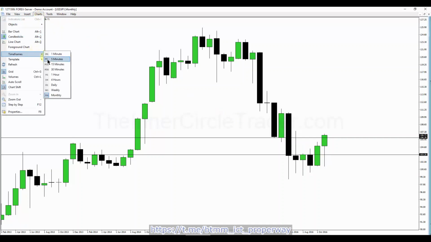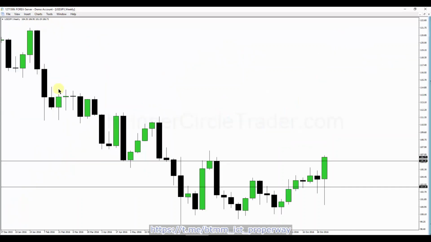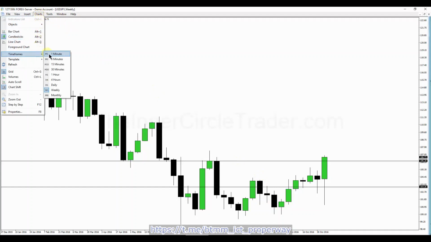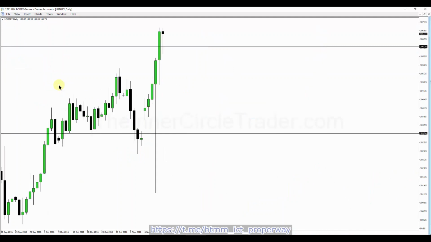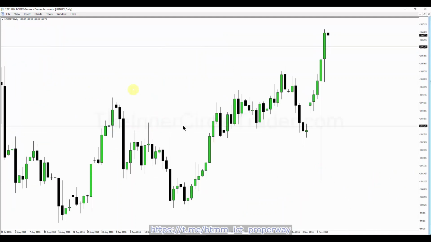We drop into a weekly chart. Here's price trading below 103.26, and again here on the US election, trading down into the bullish order block here. We go into a daily chart. You can see the body of this down candle.